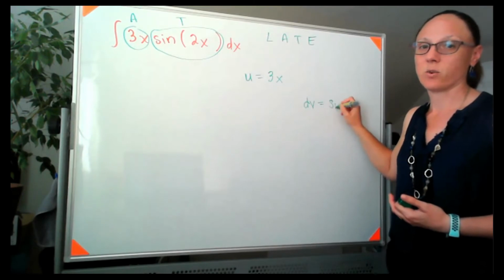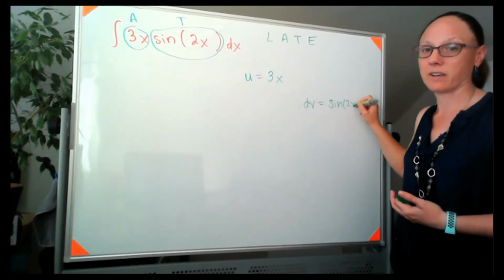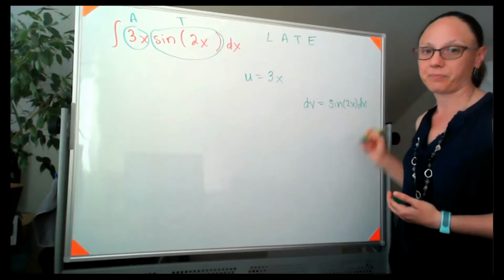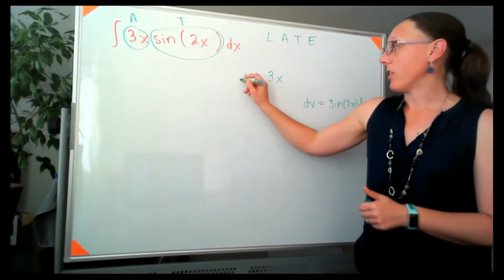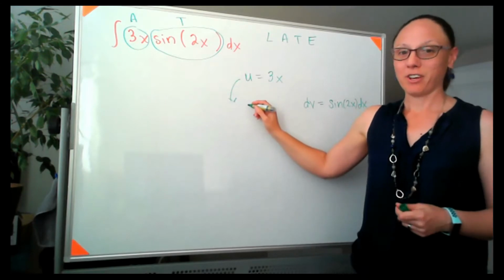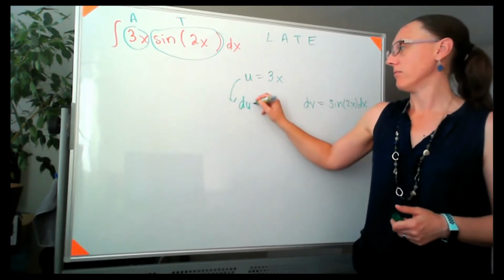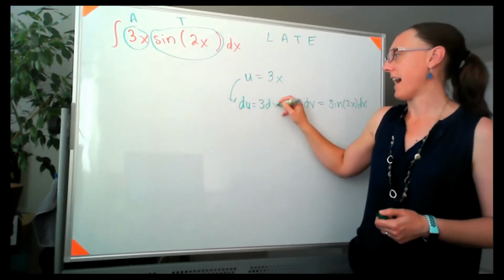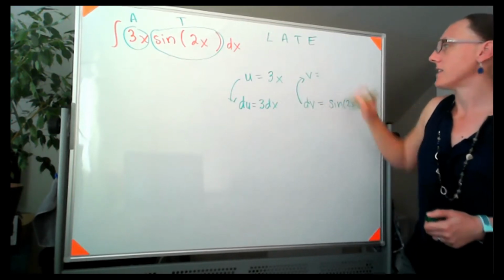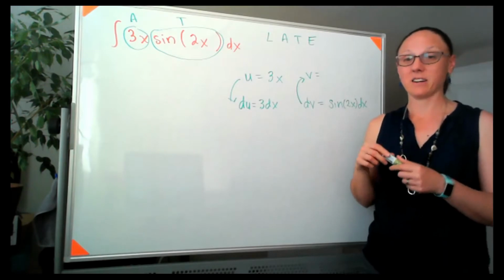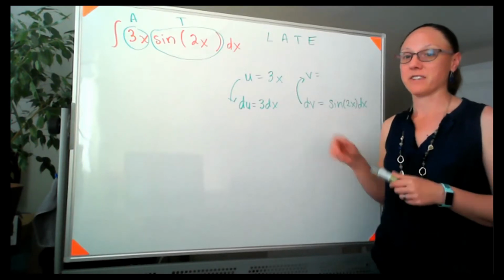So dv is going to be sine of 2x dx. I'm going to take the derivative of u to get du, which will be 3dx. And I need to integrate dv to get v back, meaning I need to find the antiderivative of sine of 2x.